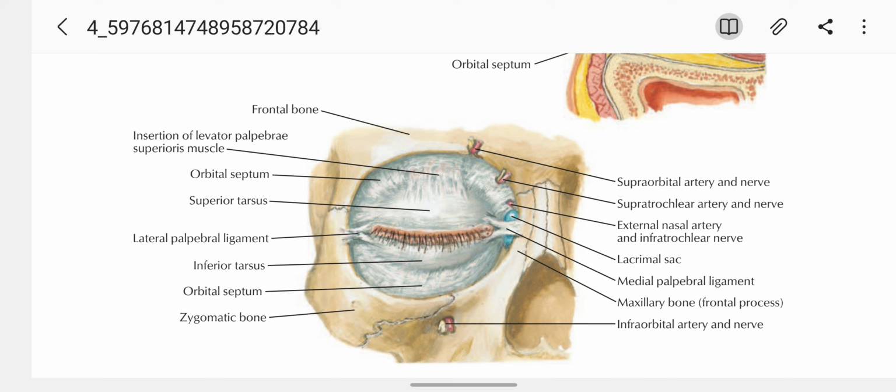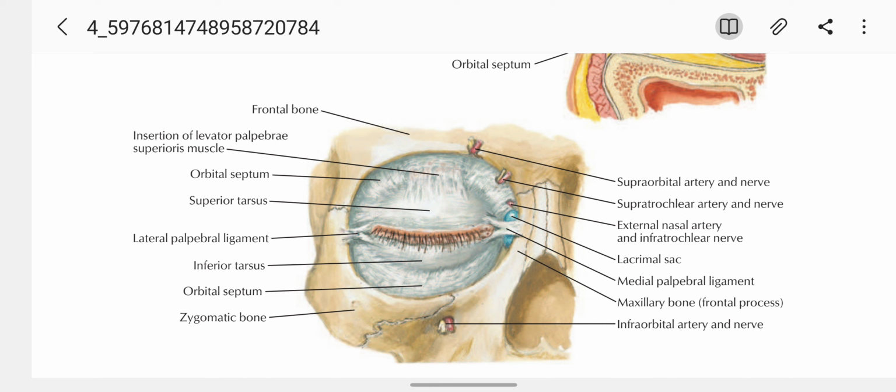Both lacrimal canaliculi open to the lateral wall of the lacrimal sac, behind the medial palpebral ligament. The lacrimal sac's relations: anteriorly we can see the medial palpebral ligament and orbicularis oculi. Medially there is a lacrimal groove which separates it from the nose.